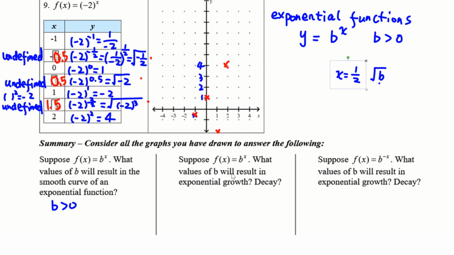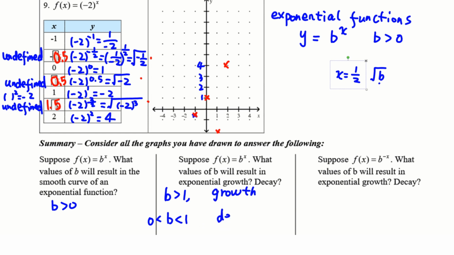What value of b will result in exponential growth and decay? If b is greater than 1, you keep multiplying by a number larger than 1, so the function f(x) is going to be exponential growth. And if b is less than 1, b to the exponent x means you keep multiplying by a number that is less than 1, so the function is getting smaller and smaller.